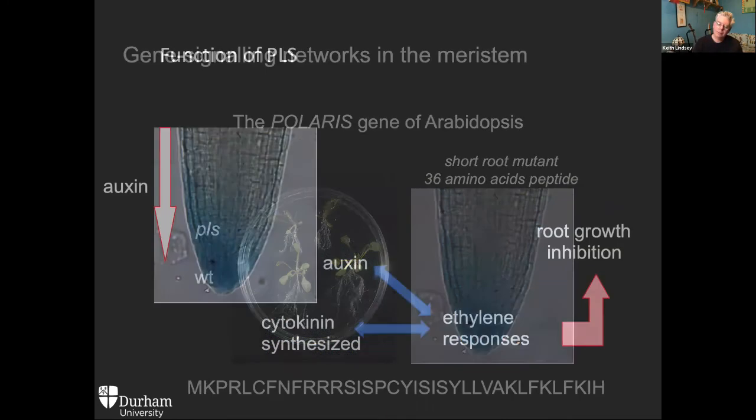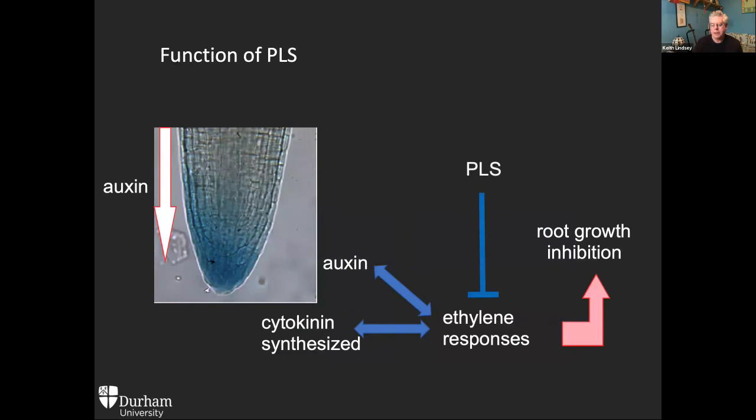But what this Polaris peptide is doing is actually blocking ethylene responses. So in fact, this short peptide works by being a regulator of the ethylene receptor protein. Ethylene is detected as a hormone because it interacts with a receptor and then activates a whole load of other genes. And what Polaris is doing is interacting with that ethylene receptor to block its activity.